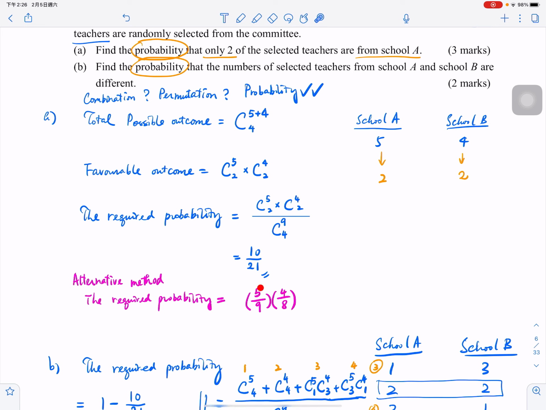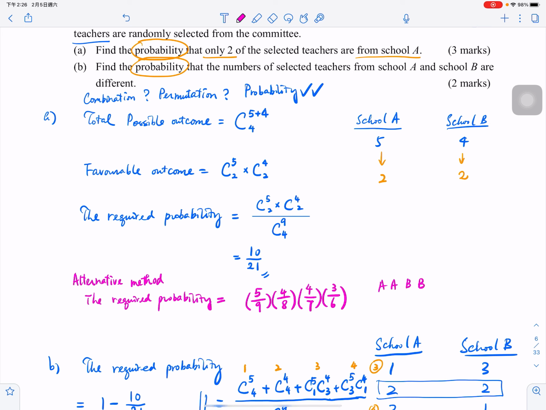After the first one is chosen, there are 8 teachers left, A still has 4, so 4/8. Then what is next? The next 2 must come from B, right? So this one has 7 left, and school B has 4 teachers. And then 6 left, school B still has 3 teachers. So you think about it like this, right? But this one is A, B, B.